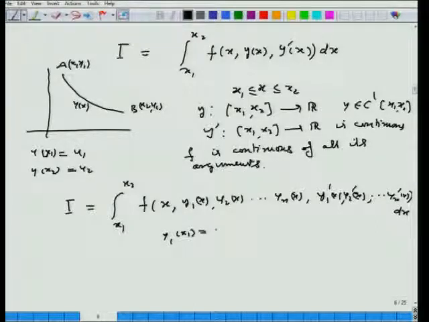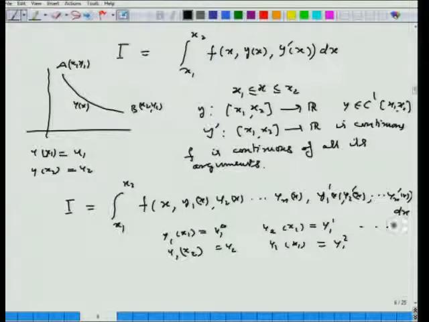So there will be conditions on this: y1 at x1 is y1 0, y1 at x2 is y1 1, y2 at x1 is y2 0, y2 at x2 is y2 1, and so on.